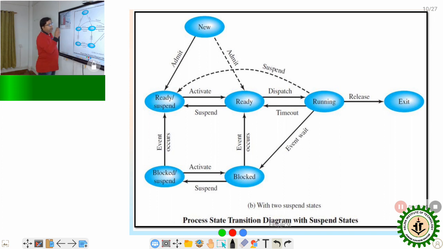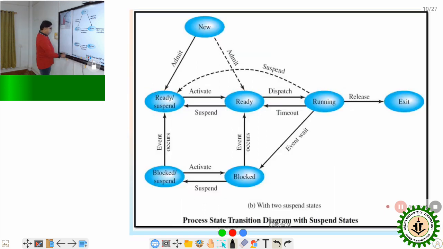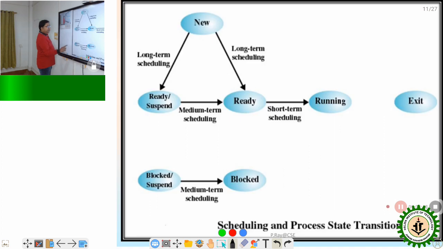Now, what I am trying to say is what the position of the mid-term scheduler and short-term scheduler is in this process state diagram. The previous diagram is exactly the same, but I am just removing the arrows here.